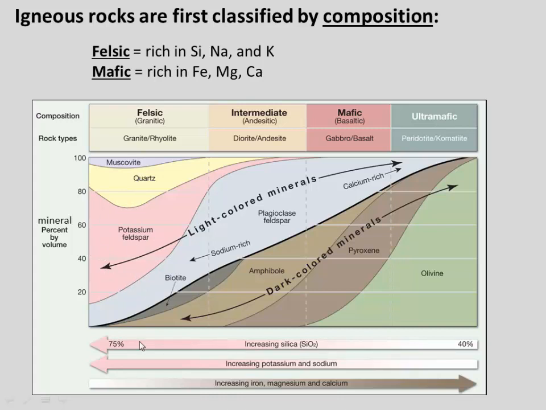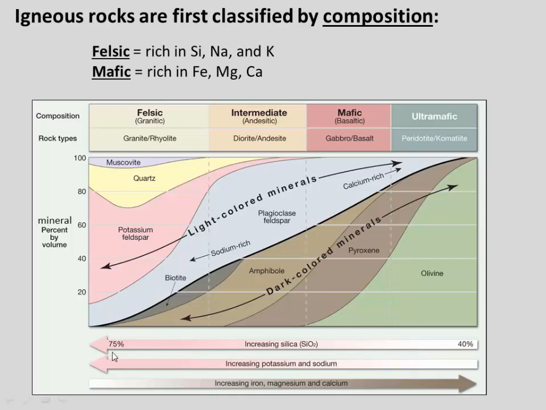And so the key idea here is that these different minerals have different compositions. So if you're made up of these specific minerals, in general, that's going to leave you rich in silica, potassium, and sodium because these minerals themselves are rich in silica, potassium, and sodium. So we can think of this in terms of the minerals having a chemical composition, which then ultimately defines the chemical composition of the rock that those minerals will make up.